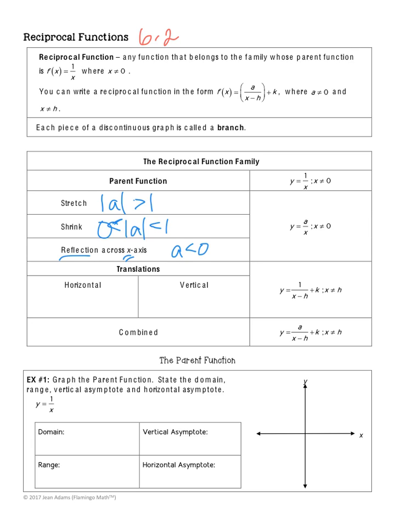Then for your translations, a horizontal translation occurs when you get your h. So whatever your h is, that is going to cause a horizontal translation, or right-left movement. And then that means that you're going to have a vertical asymptote.